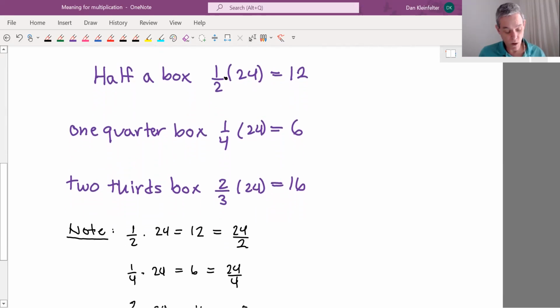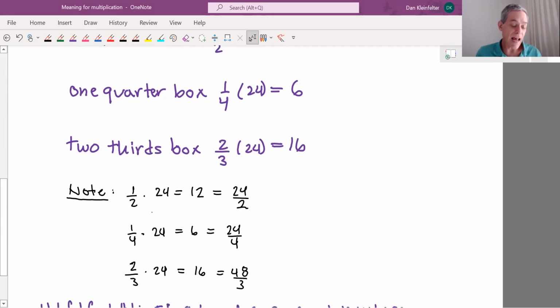A little bit more on that. 1/2 times 24 is 12, and that's the same as 24 divided by 2. 1/4 times 24 was 6, we've seen, and 6 is the same as 24 divided by 4. And then 2/3 times 24 is 16, and that's the same as 48 divided by 3.